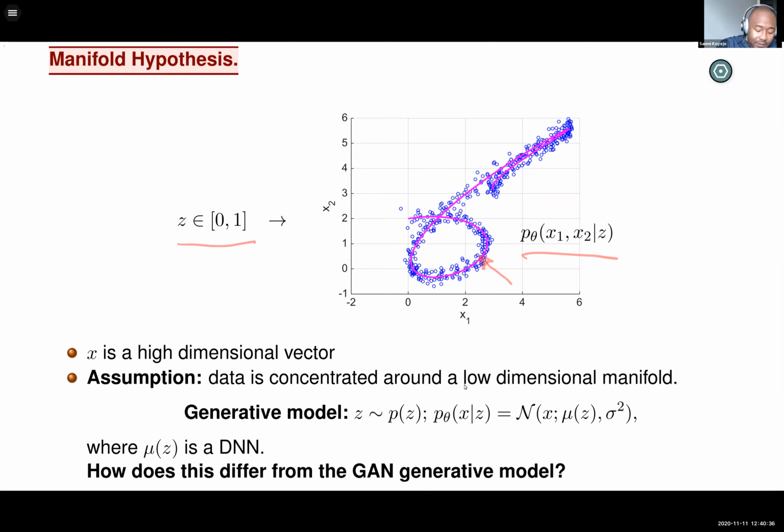So in particular, say I sample a point here as an example. This point might be equivalent to that point along the one-dimensional curve. And then I sample data as some point with a bit of noise. In this example, you can think of the data as having mean equal to the actual value on the curve, and then maybe a bit of extra noise around it.